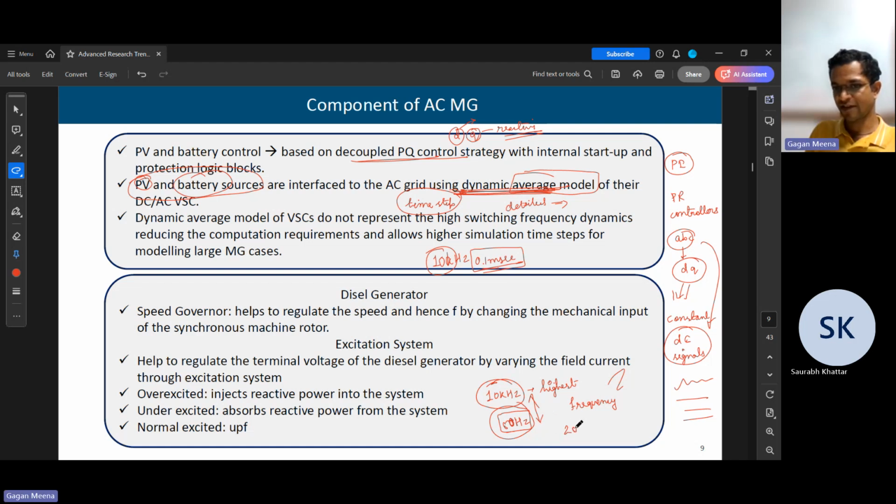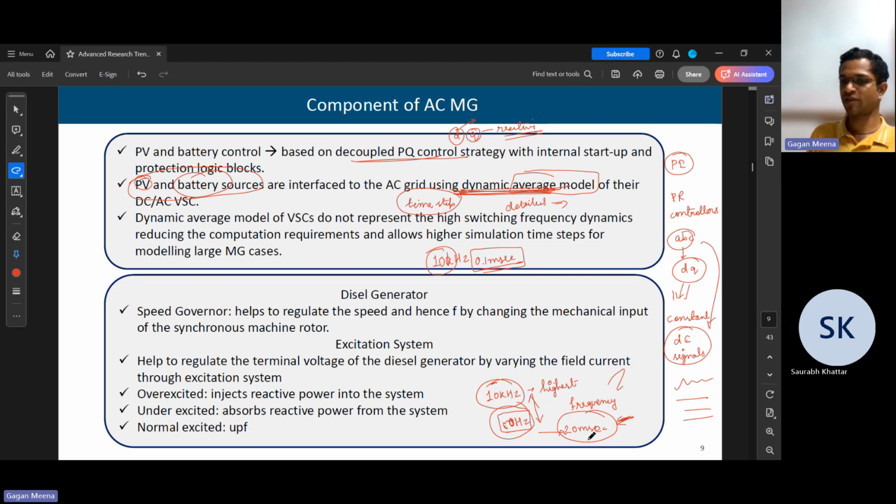Then this is equivalent to 20 milliseconds, right? Then in that case, the time step has to be at least this much. To observe this frequency, we need to have a time step of 20 milliseconds.